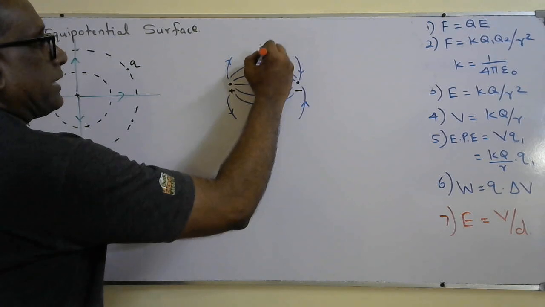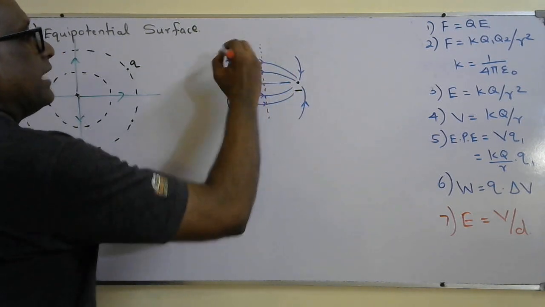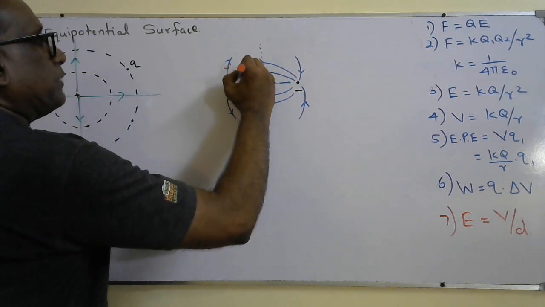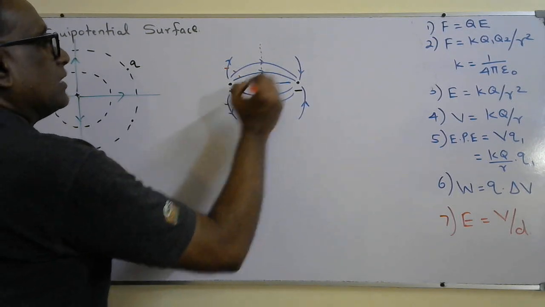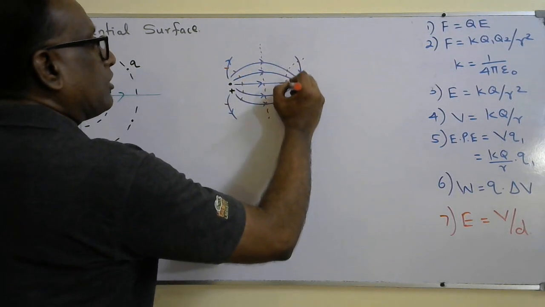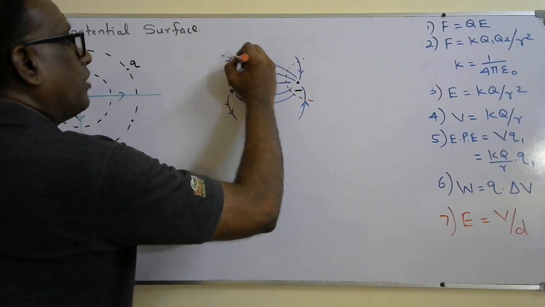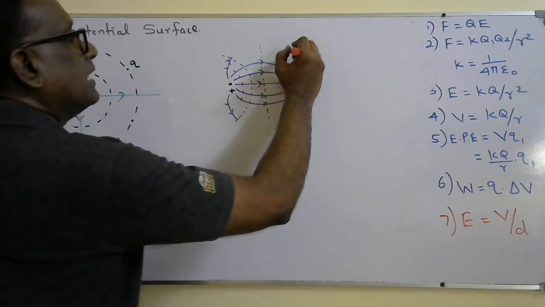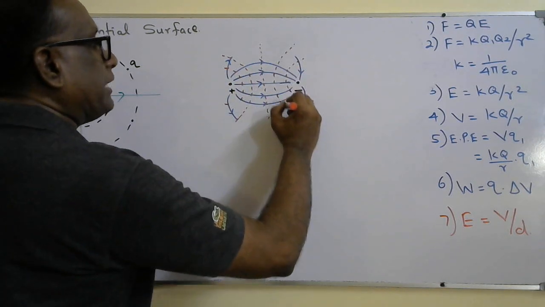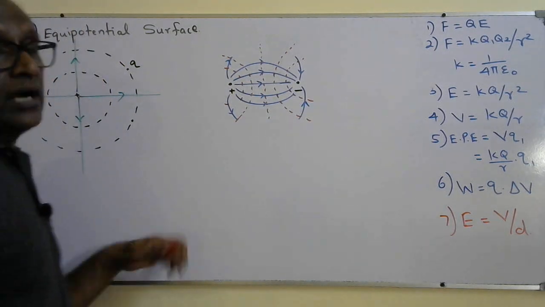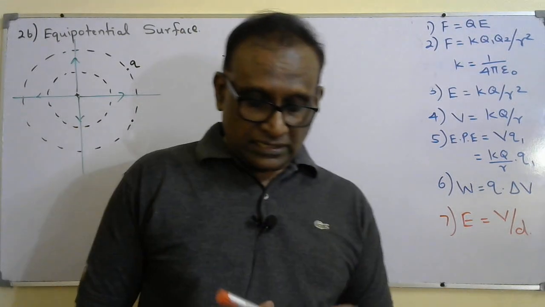So here it's perpendicular. Then if I consider a line which is perpendicular to the surfaces, there will be an equipotential surface like this. So we can draw many equipotential surfaces such that they are perpendicular to the field lines.